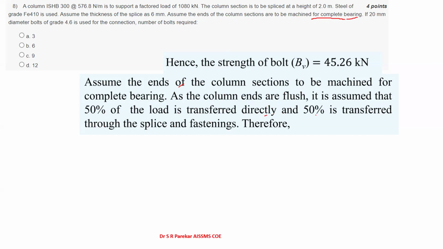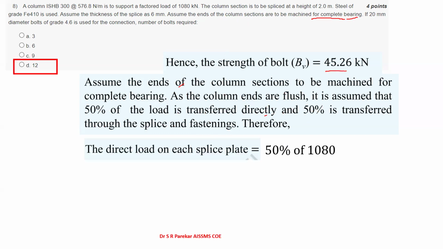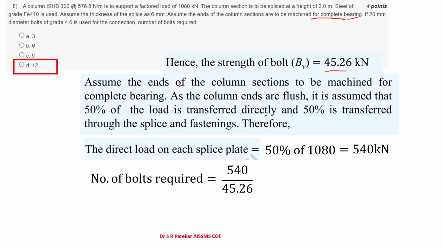So we have to design for 50%, and we have this bolt value. The direct load on each splice plate, 50% of 1080, so 540 kilonewtons. So we have number of bolts required, 540 upon 45.26, 11.93, and therefore we have value that is 12.